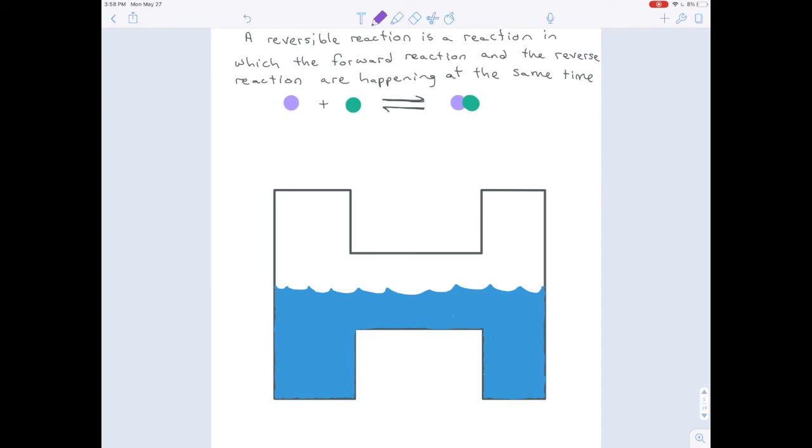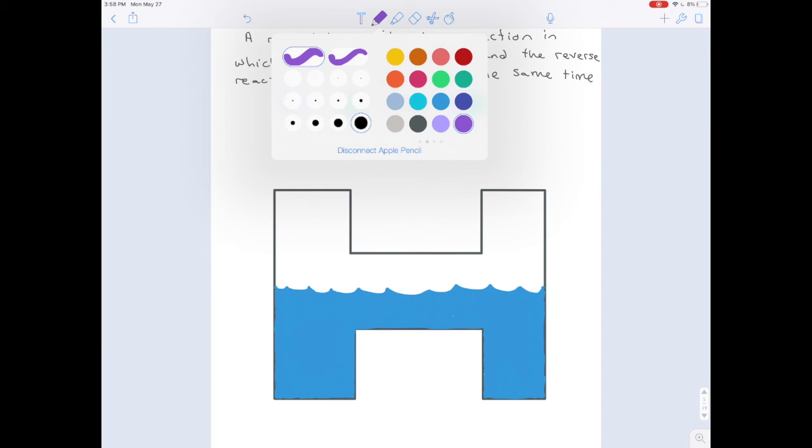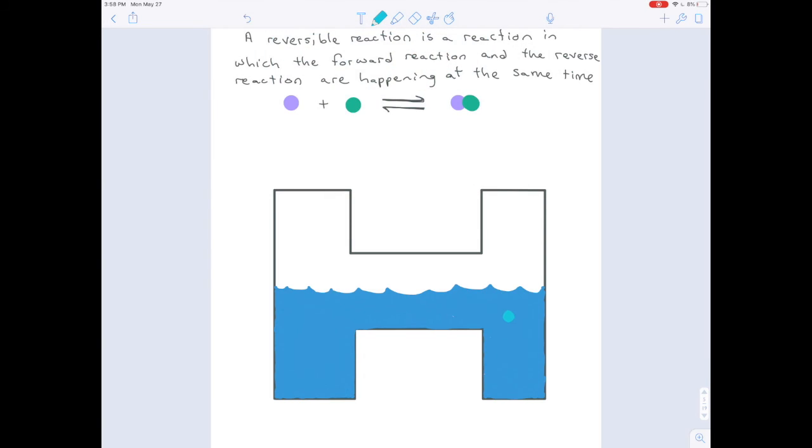And it only does that because the water on the left is going toward the right. At the same time, though, the water on the right is moving to the left. And you know because you can do the same experiment. Put a drop of dye on the right side, and it'll gradually spread out through the whole thing.